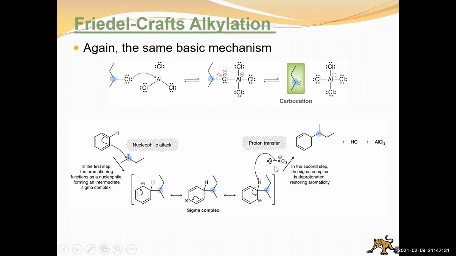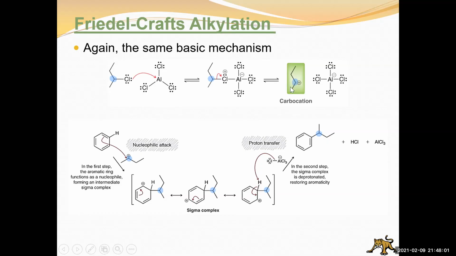Just kind of gives them a way to account for where the electrons are. And then we'll reform the double bond inside of that ring so that we now have an aromatic system as opposed to just a sometimes conjugated diene. Right here, it's not conjugated, but in the other spaces. So, nucleophilic attack, proton transfer. Be careful which carbon you show connecting.